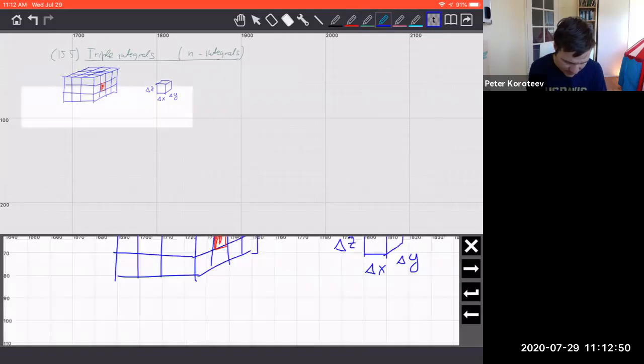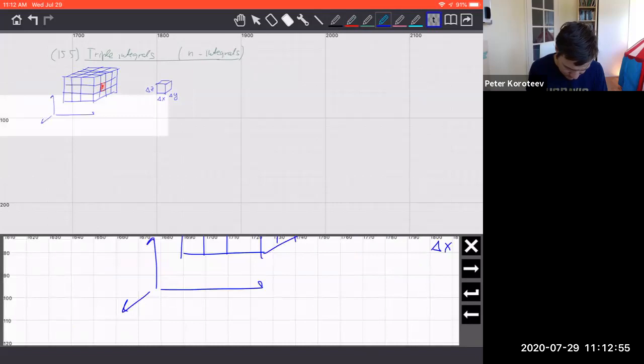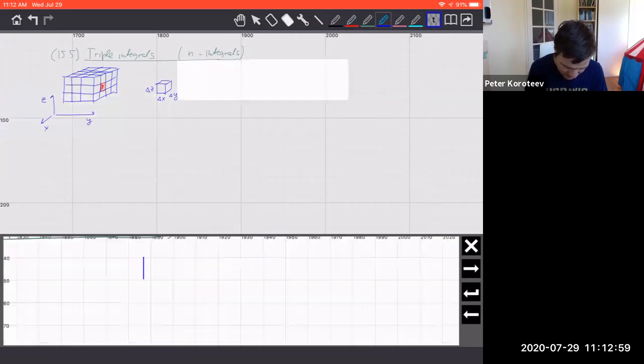So now we need to take a partition in all directions. So we need the product of 3 partitions, Px, Py, and Pz.